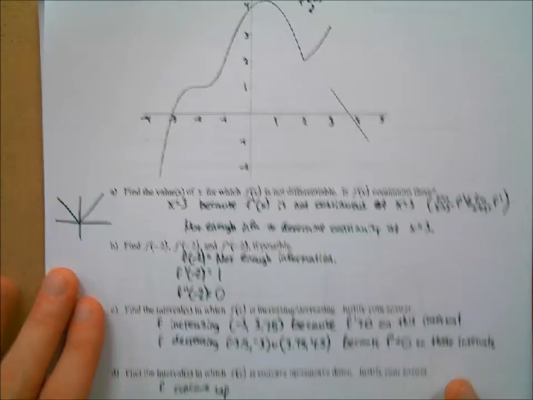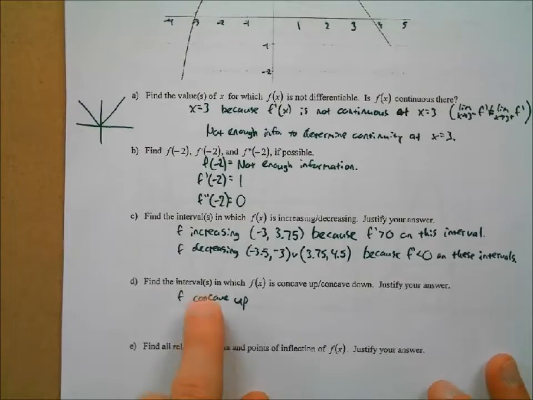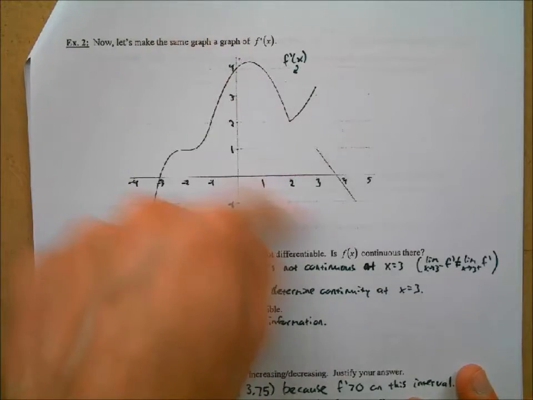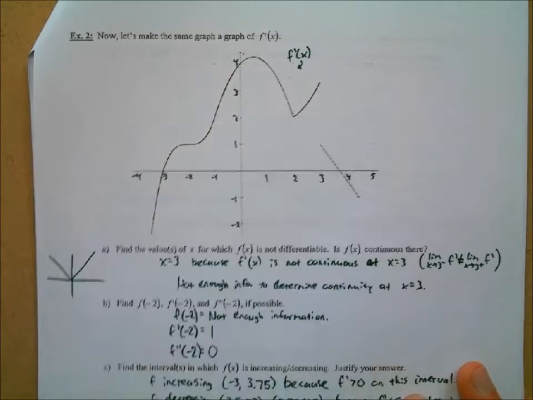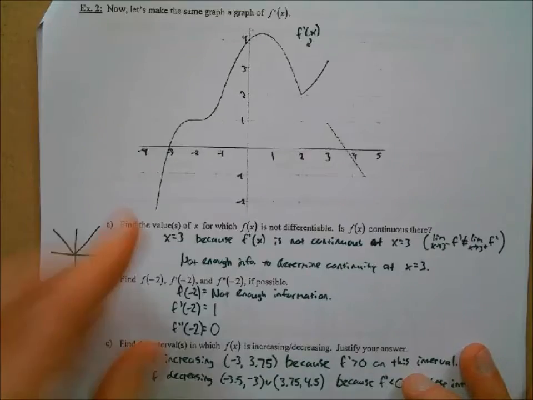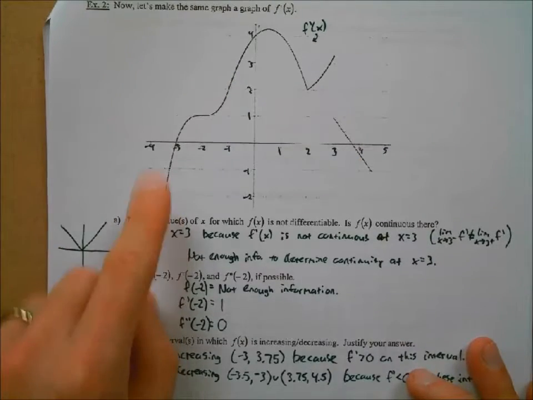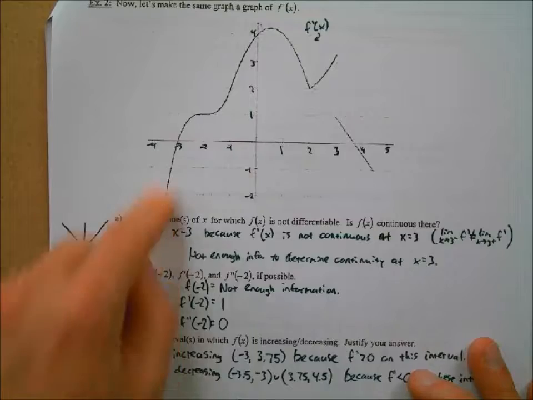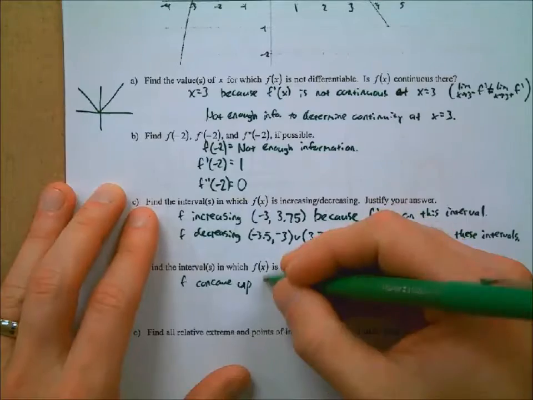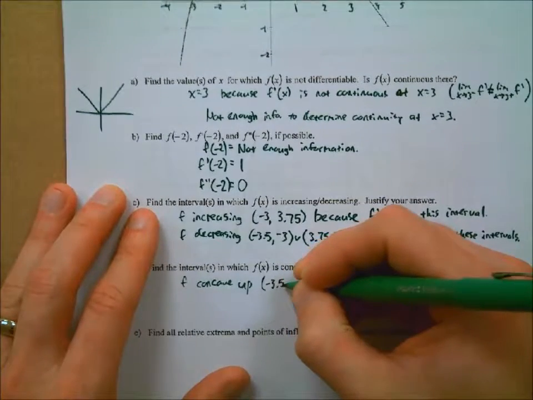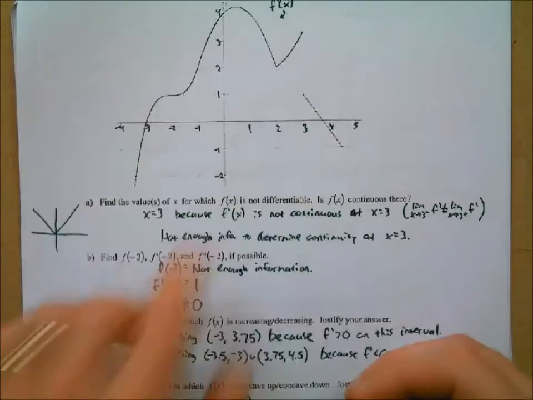Okay, so f is concave up where this graph is increasing. All right, and we already kind of described those intervals earlier. This graph is increasing when it's starting at negative 3.5 up to 1, union 2 to 3.